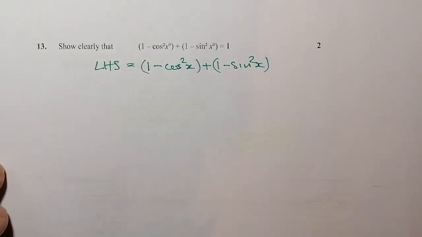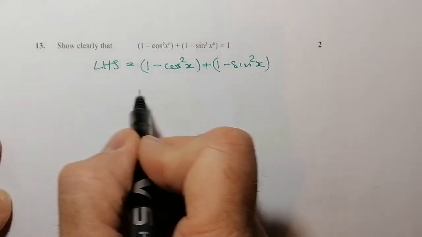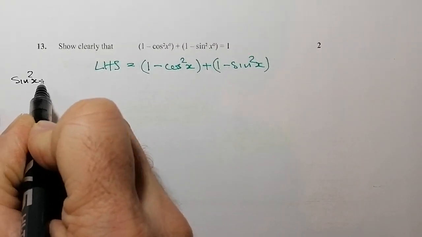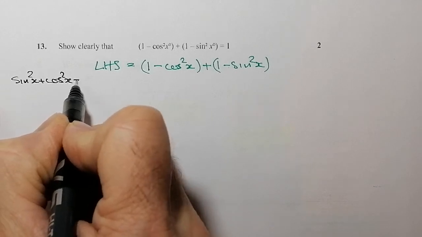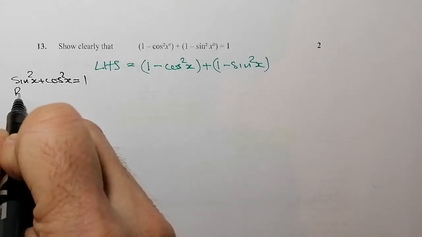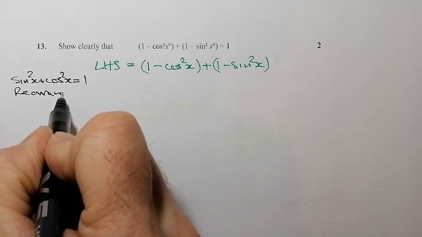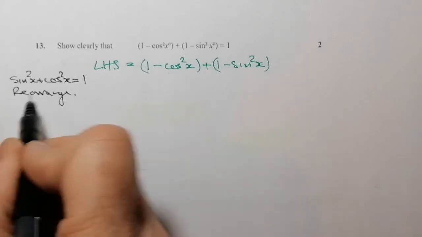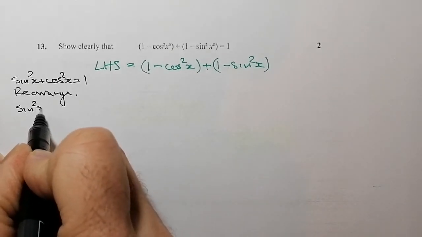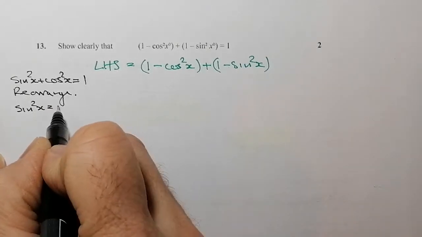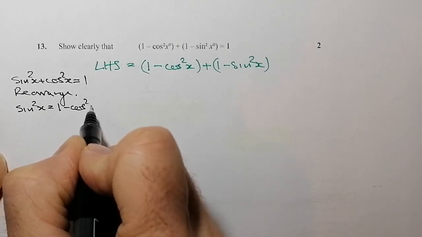So one of the trig identities that we use is that sine squared x plus cos squared x equals 1. That's the identity I'm going to use, but I'm going to rearrange it. So sine squared x is equal to, if I subtract cosine squared x from both sides, 1 minus cosine squared x.